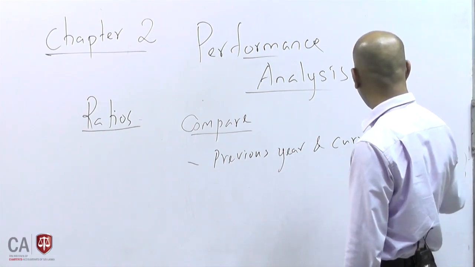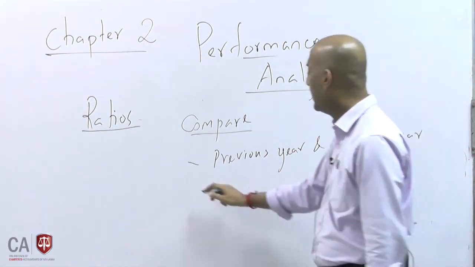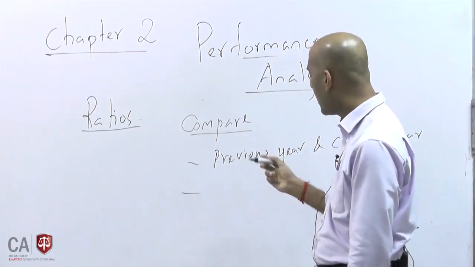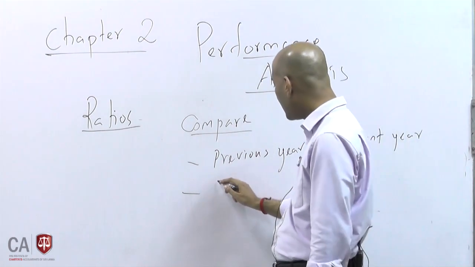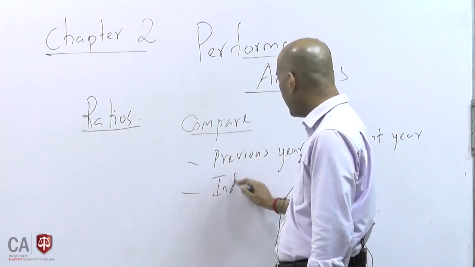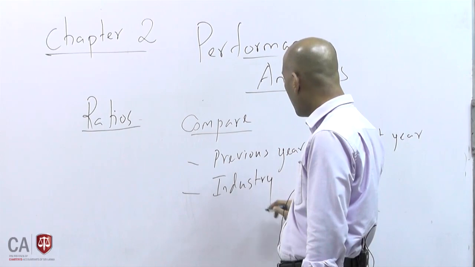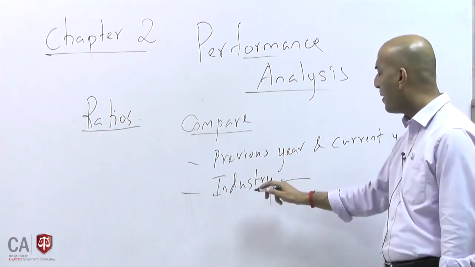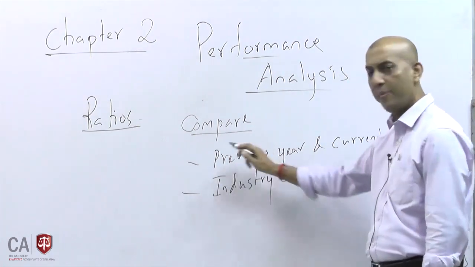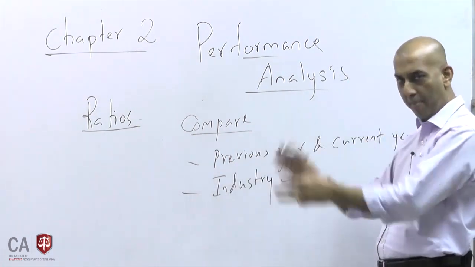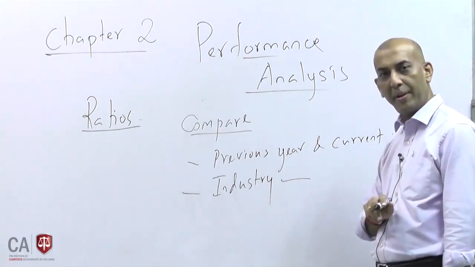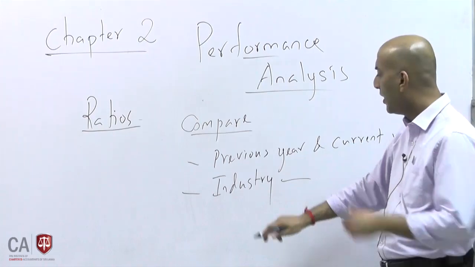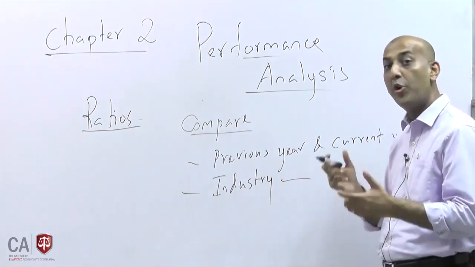Second, you can calculate ratios for different industry companies. You compare your company information with industry information. You calculate the ratio for your company and compare with the industry companies. If you take a commercial bank ratio, you compare with Sampath Bank, HNB, Ceylon, you will compare the industry companies and see how you have performed.